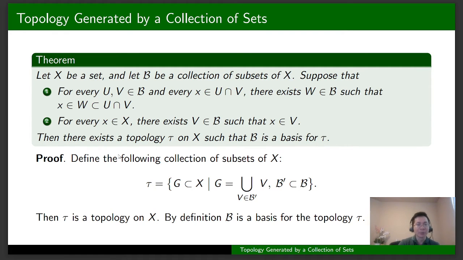To prove this theorem, we define the following collection of subsets of X. Tau consists of all subsets of X such that the set can be represented as a union of elements of B, meaning that there is a subcollection B prime of B such that the set is the union of all sets in this subcollection. Based on the first and the second property here, we can show that tau is a topology on X, and by definition, B is a basis for the topology tau.